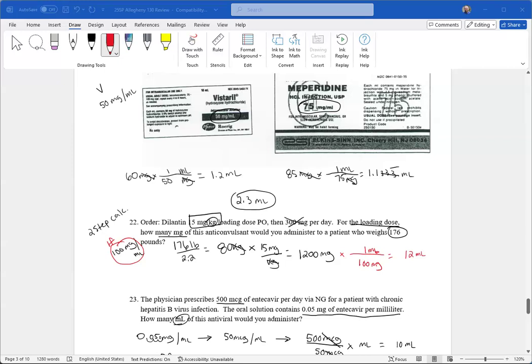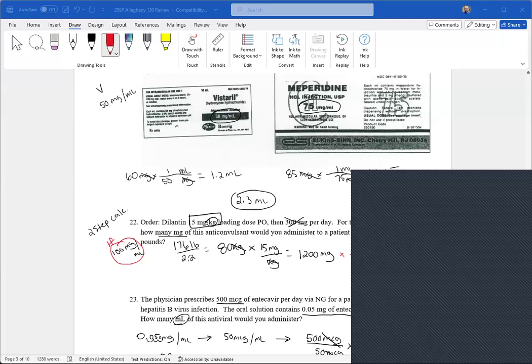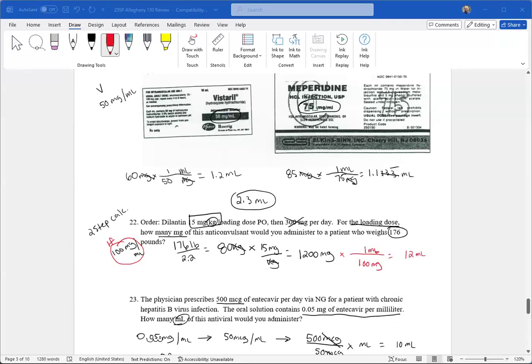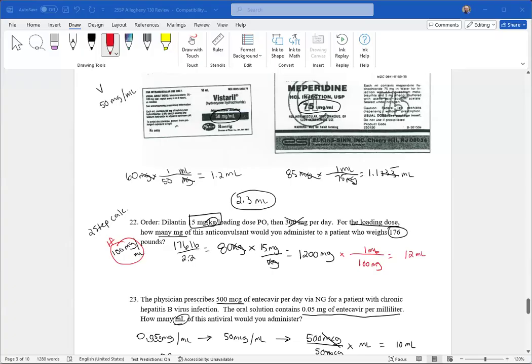All right, let's see here. Then I can open that up. I'm going to reshare. This says 15 for that syringe.